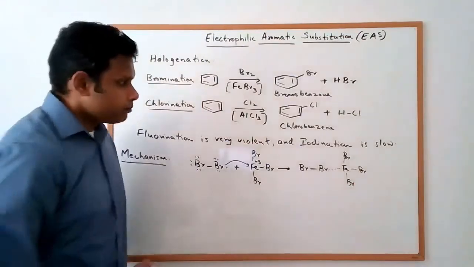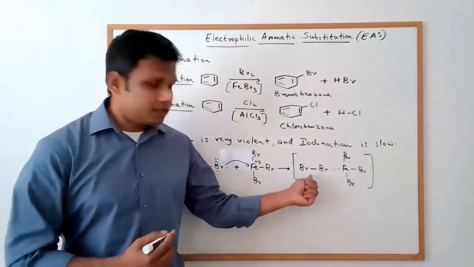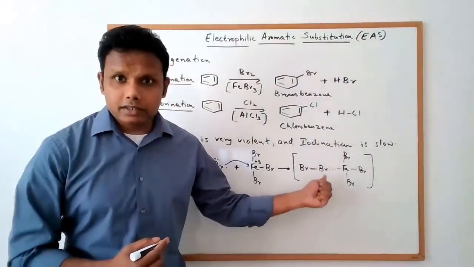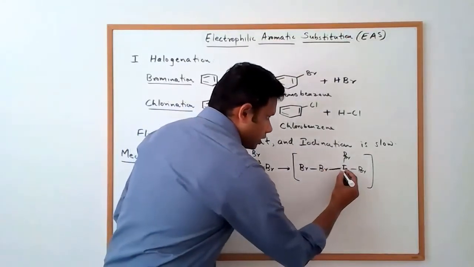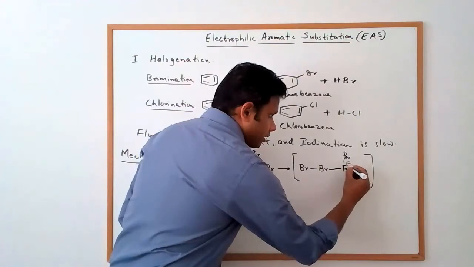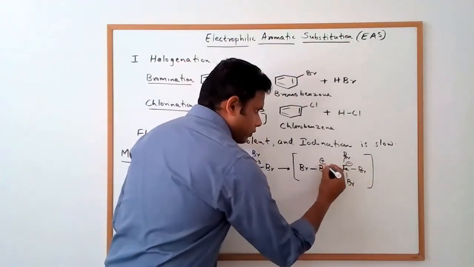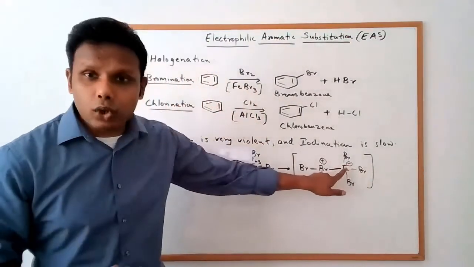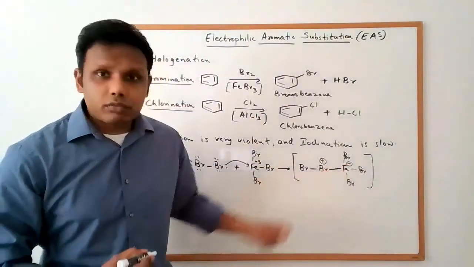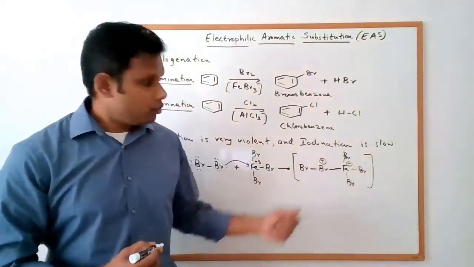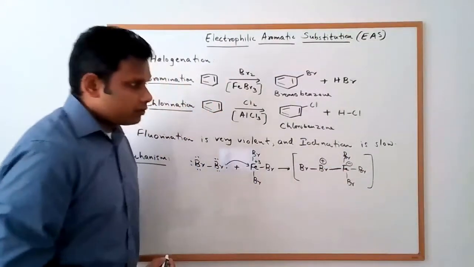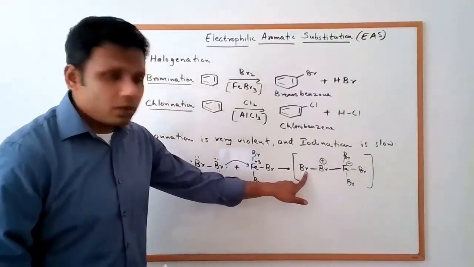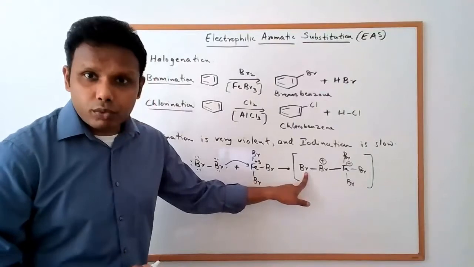So the formation of this intermediate is now going to land some formal charges on this complex. So we can get a formal negative charge on the bromine and a formal negative charge on the iron and a formal positive charge on that bromine atom. And the formation of this intermediate is going to activate this bromine.